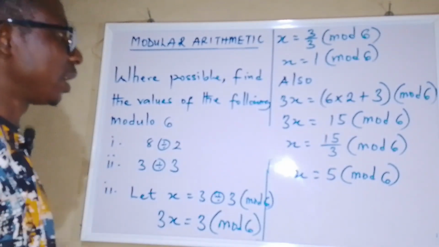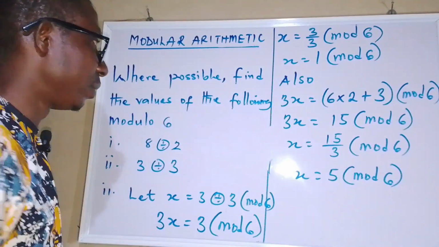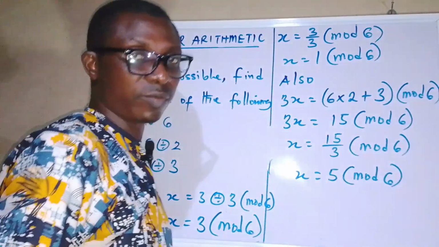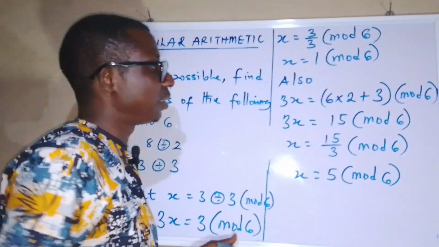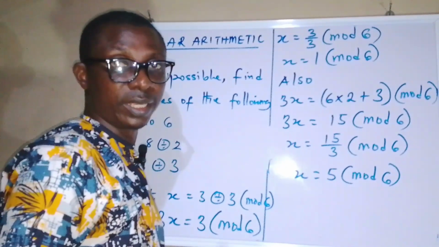Of course, you can check over and over to see if we have more answers. Now let's look at three 6s, that's going to be 18.